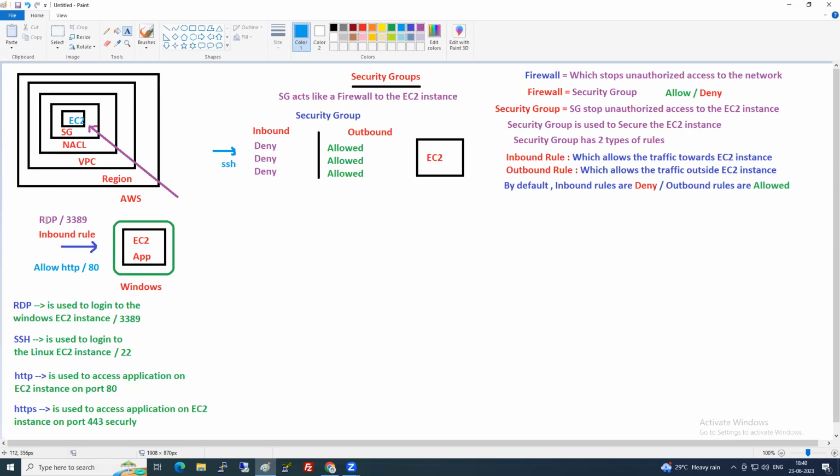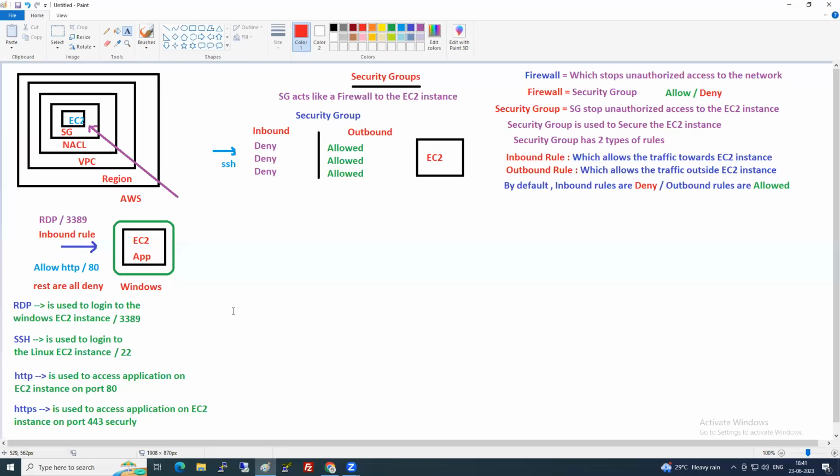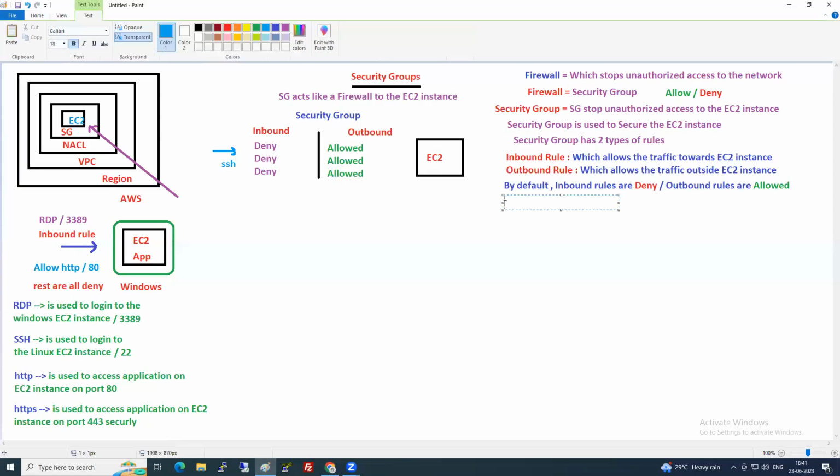Okay, now here in this case, RDP is allowed, HTTP is allowed. Rest are all deny. It is not possible to deny, guys. You can only allow it. That is the certification question. Is it possible to deny a protocol in a security group?